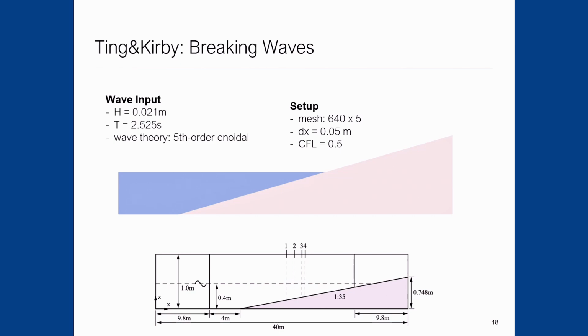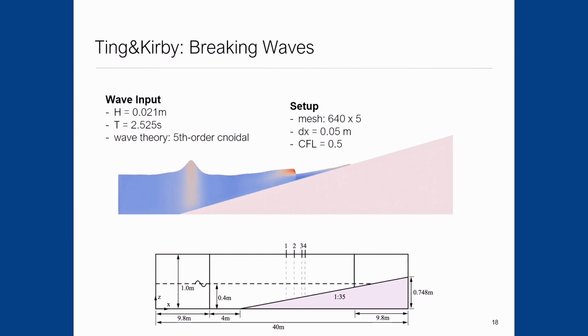One creates spilling breaking waves with the shorter waves, and what I'm showing here is the longer waves with 5th order cnoidal waves. So these are nonlinear shallow water waves, and in the experiment the waves are plunging breaking waves. You can see here in this simulation how the waves are represented in our model.